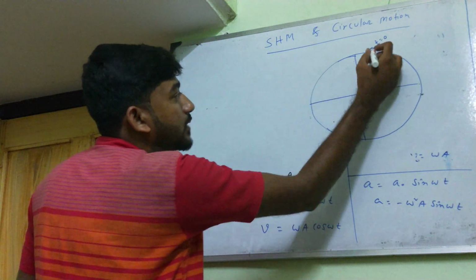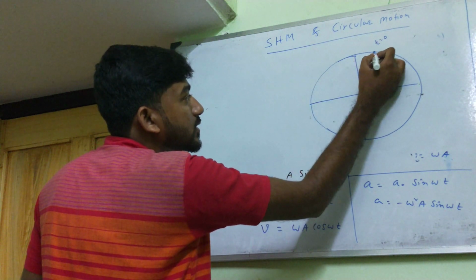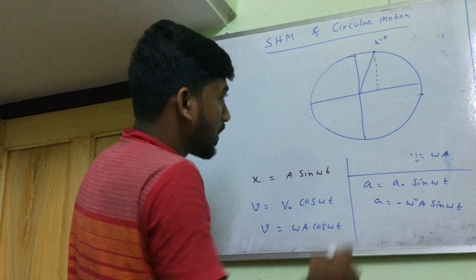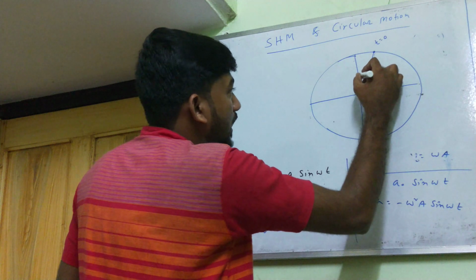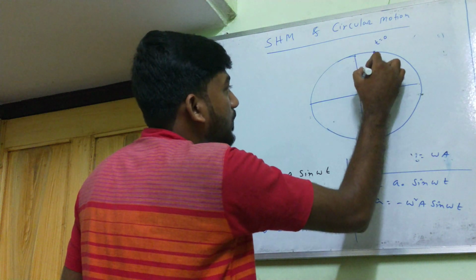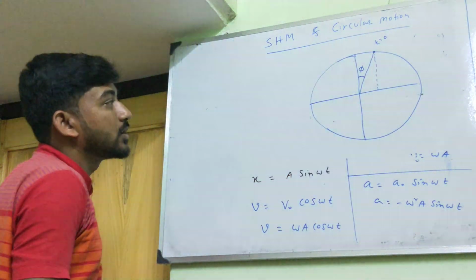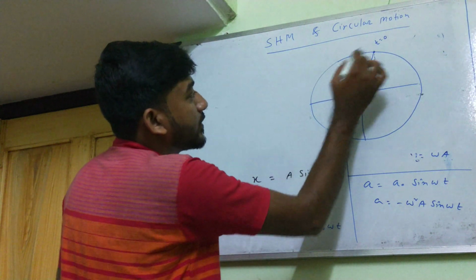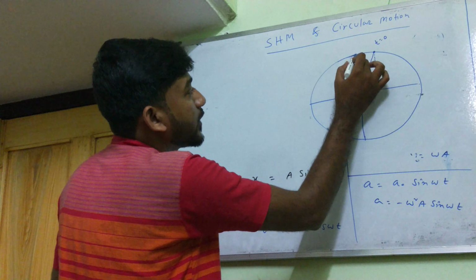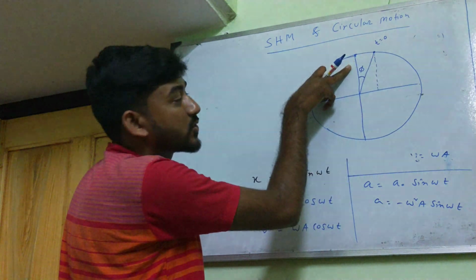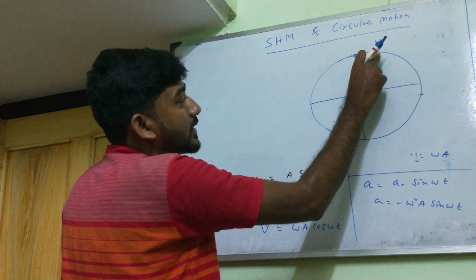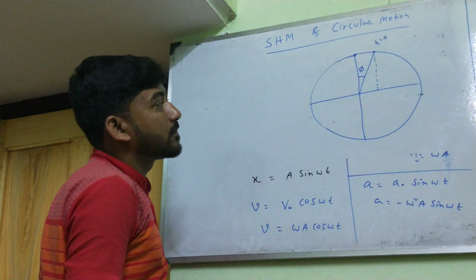For the first time when we take the projection of this particle, it will be at that point. So there is always a phase phi, because in the previous case we took the particle at that point when it started its motion, but here we have taken the particle at this point at t equals 0.